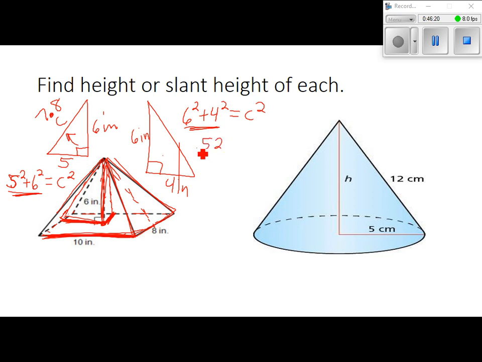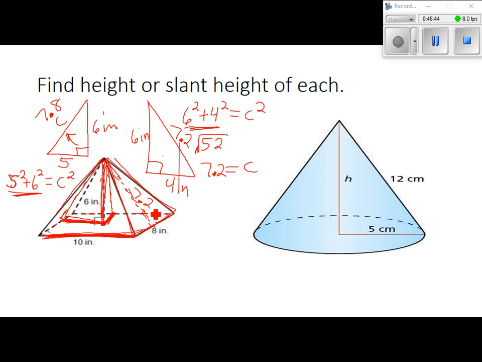And then I just take the square root of 52, and I end up with 7.2. So C equals about 7.2. So this side right here is 7.2.